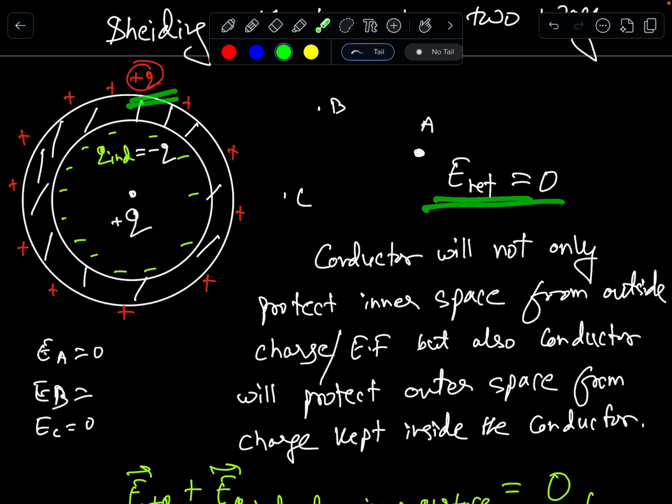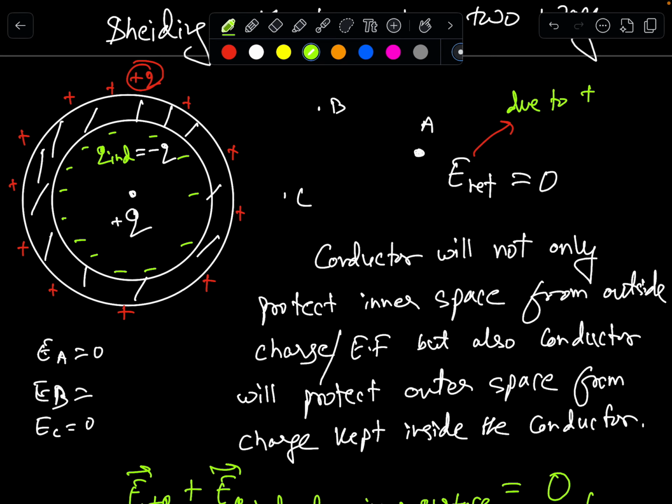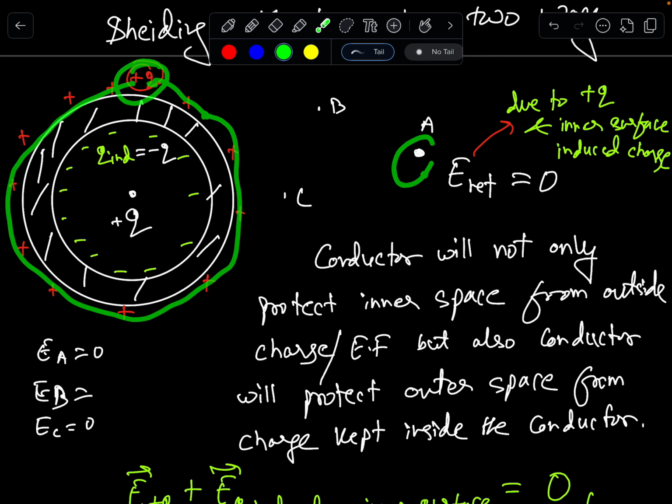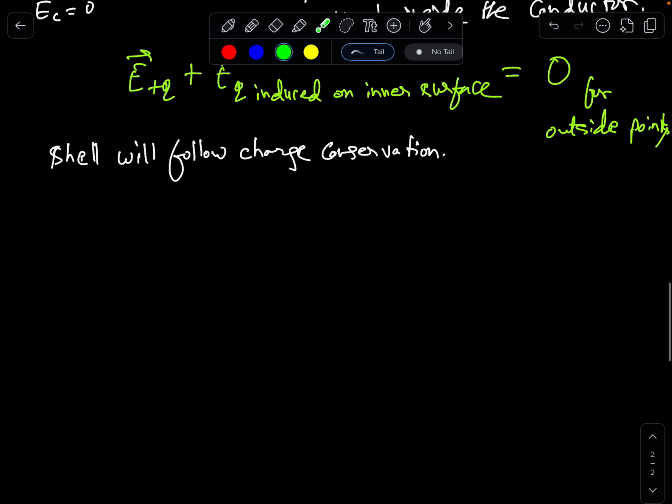So this is the net electric field due to plus Q and inner surface induced charge. But the outside surface charge, plus Q induced charge which is present here, will definitely have an electric field at point A.